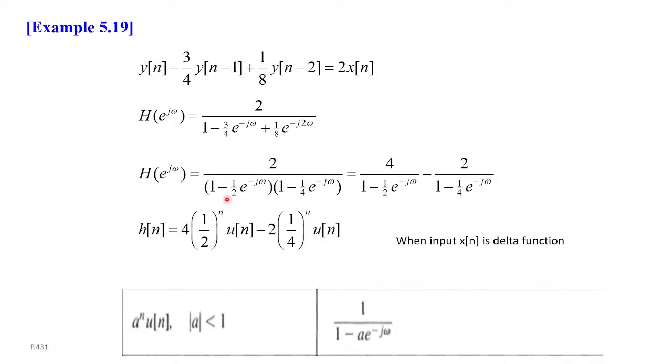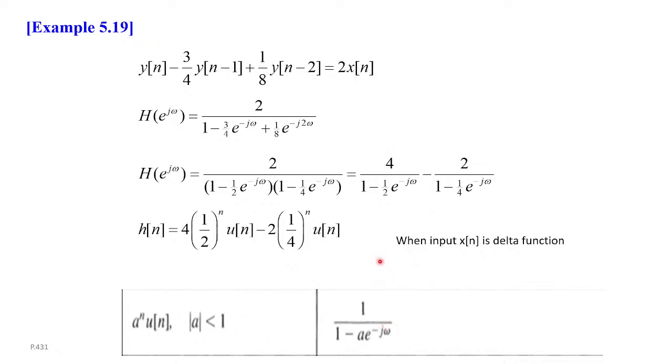And once again, you can do partial fraction expansion. You view e to the minus j omega as a big variable x and think of this as a partial fraction expansion. Assuming we don't do the calculation wrong, you get a 4 and 2 here. Then you just look up a table and do the inverse Fourier transform of this thing to get the small h.